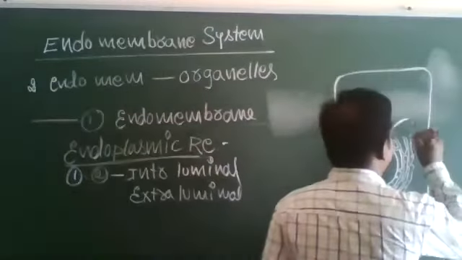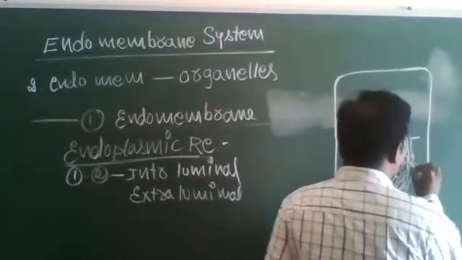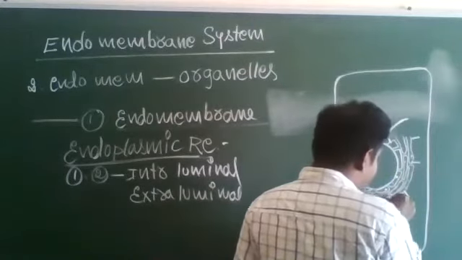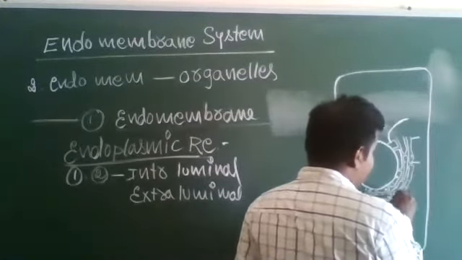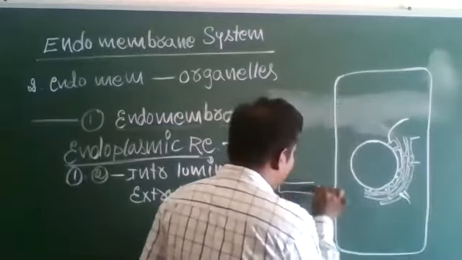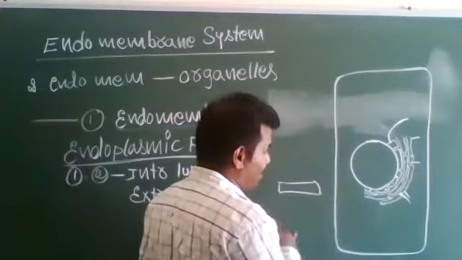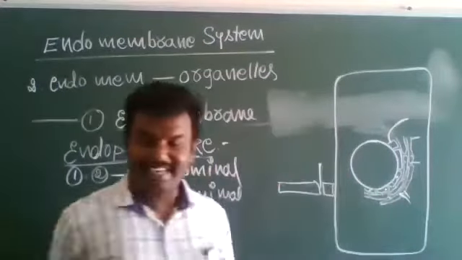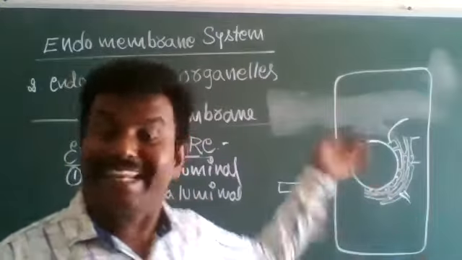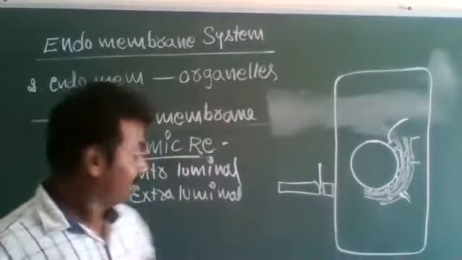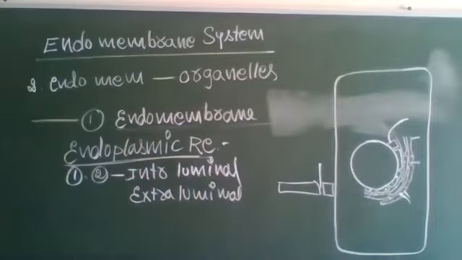This is the intraluminal compartment. This is the extraluminal compartment, which is located in the cytoplasm. That is called endoplasmic reticulum.